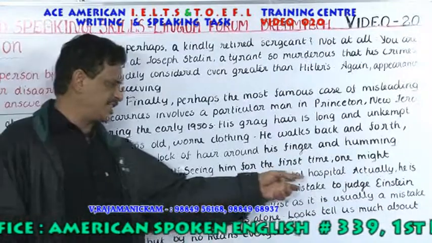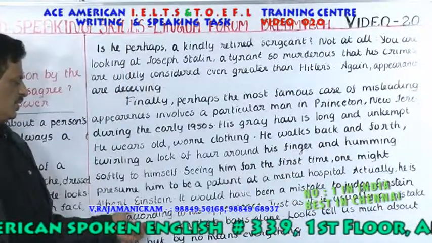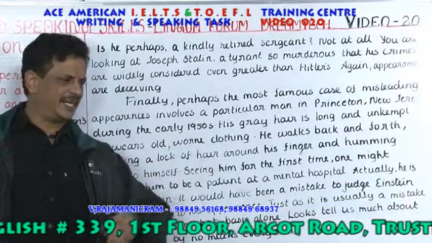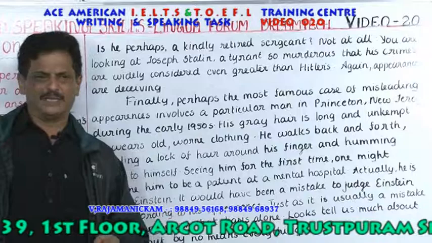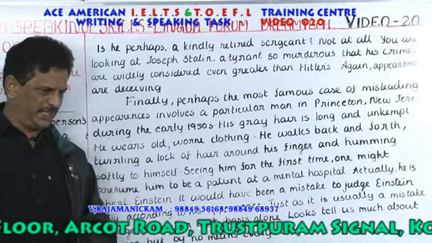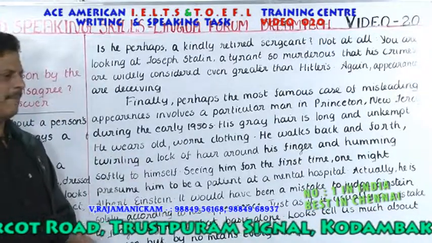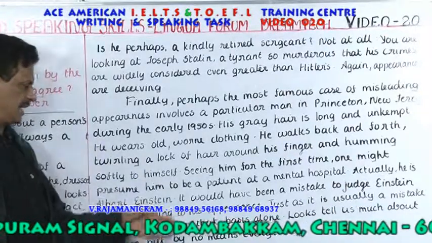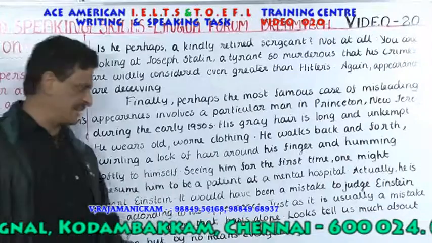It would have been a mistake to judge Einstein solely according to his appearance. அவருடைய தோற்றத்தை வைத்து அவரை நாம் எடை போட முடியாது. 2000க்கும் மேற்பட்ட அறிவியல் கண்டுபிடிப்புகளின் சொந்தக்காரர் தான் ஐன்ஸ்டைன். பைத்தியக்காரர் போன்று தோன்றுவார். உலகத்தை மாற்றி அமைத்த வல்லமை பெற்றிருந்தவராக அவர் இருக்கிறார்.